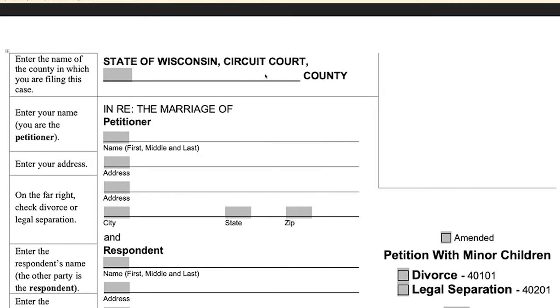So it's important that you put your county of residence in the filing spot. And not only that, it's just more convenient. You know, if you live in Outagamie County, why would you file in Dodge? So that just sort of clears that up a little bit.